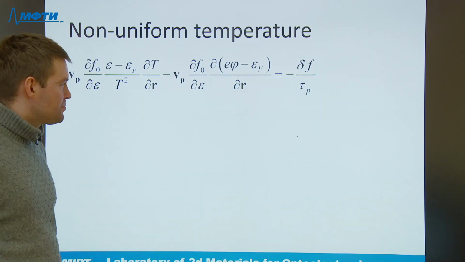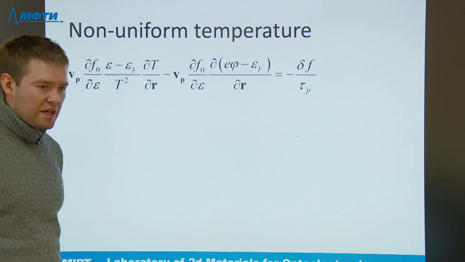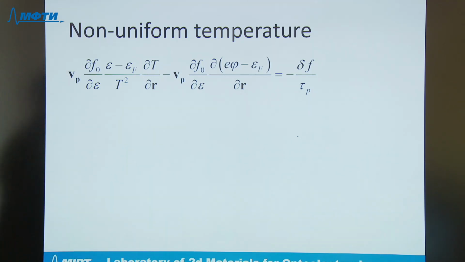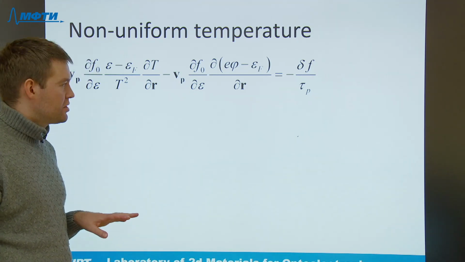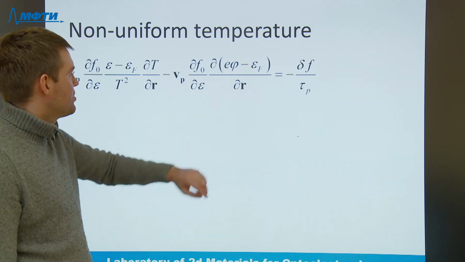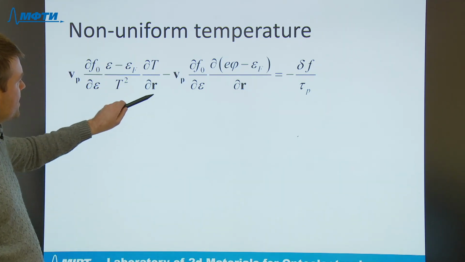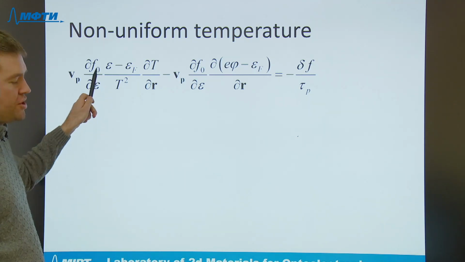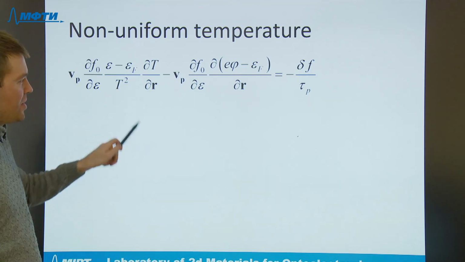We will be willing to find the electric current in the presence of the temperature gradient. The presence of temperature gradients is more complicated compared to the case of Fermi energy gradients, because near the temperature gradient we get an extra energy dependent term, energy reckoned from the Fermi energy.